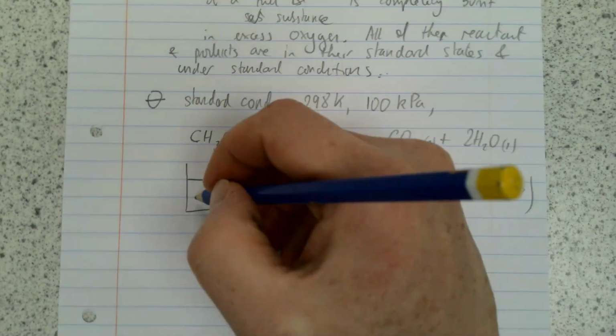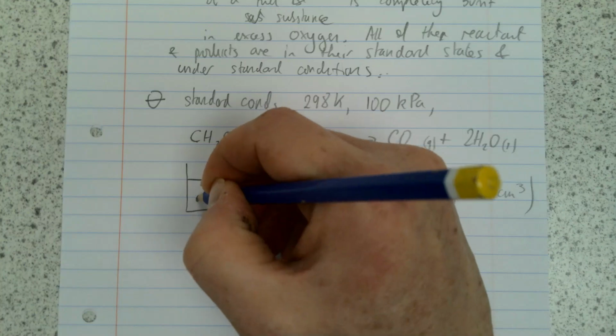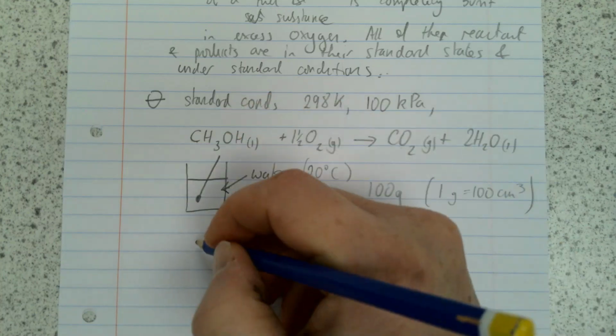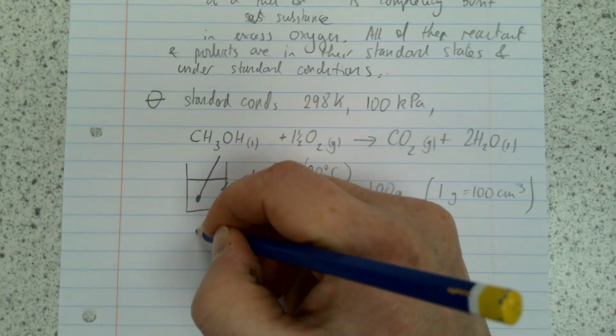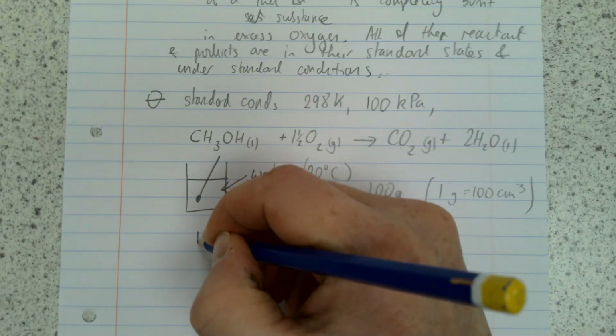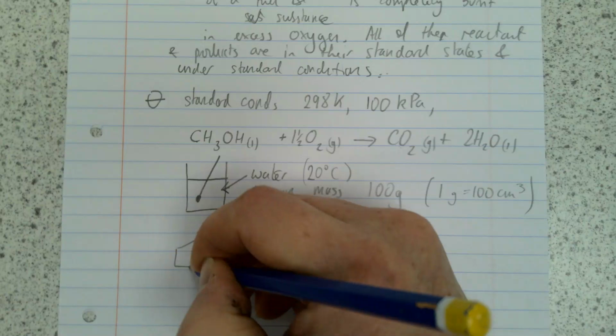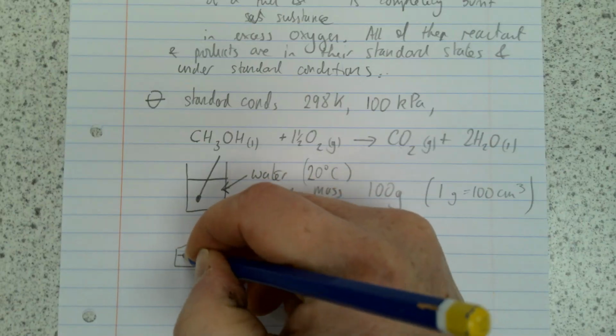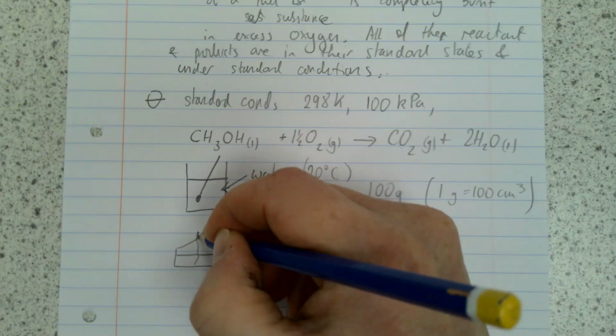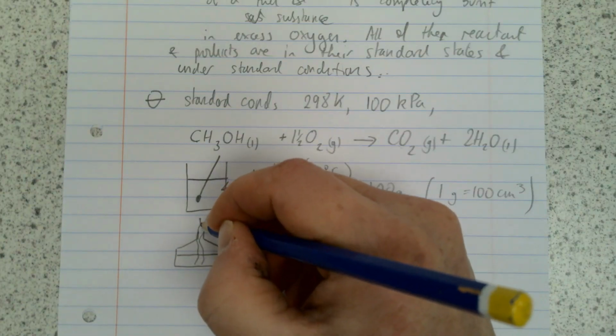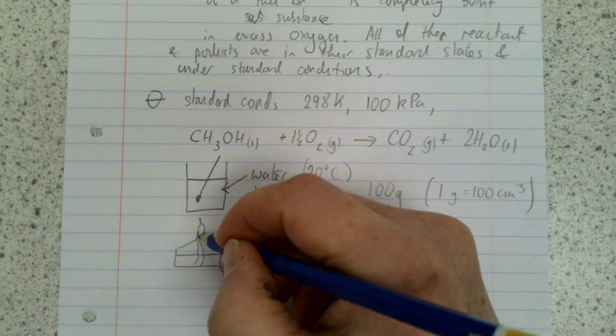And we took that water, we measured the temperature with a thermometer, made sure it had equilibrated and reached room temperature, and then we had underneath a spirit burner, which looks something like that with a wick. Excuse my drawing.